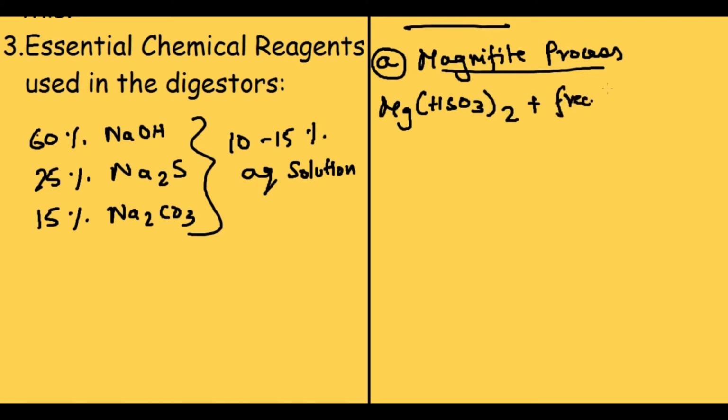So these are the chemical reagents used in the digester for the magnified process.